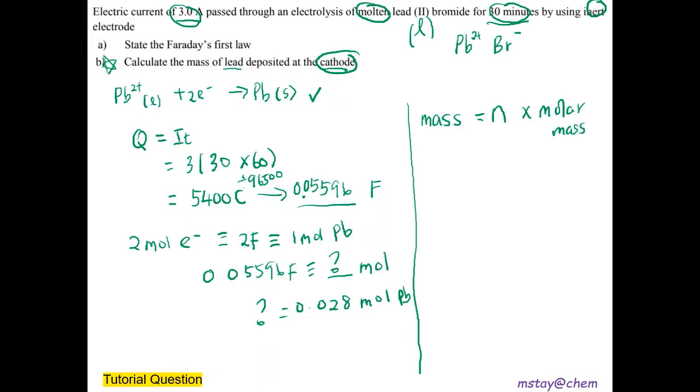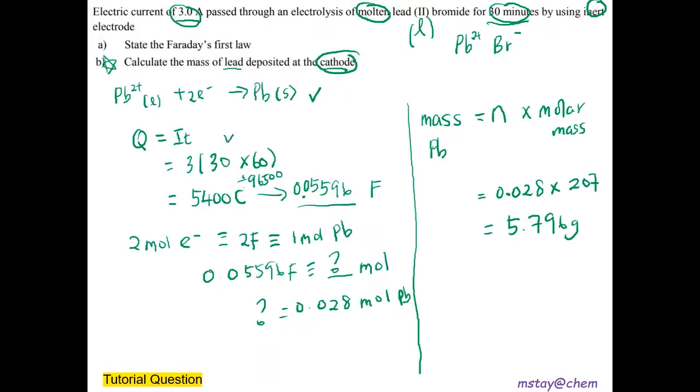So mass of lead equals 0.028 multiplied with the molar mass 207. Press the calculator, the final answer is 5.796 gram.